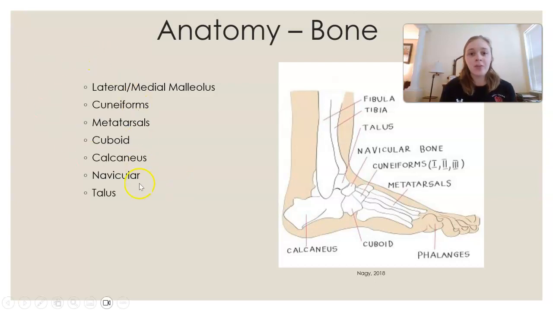So, for the bony anatomy, we want to look not only at the foot, but the ankle as well. So, looking at the metatarsals, the cuboid, the cuneiforms, the navicular, the calcaneus, the talus, the tibia, and the fibula.